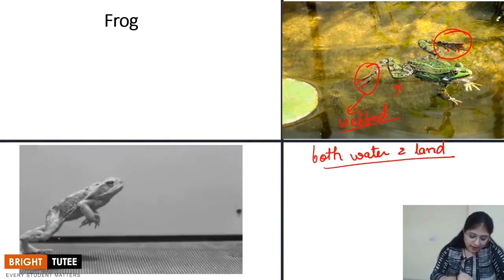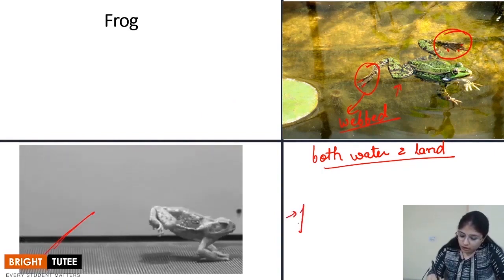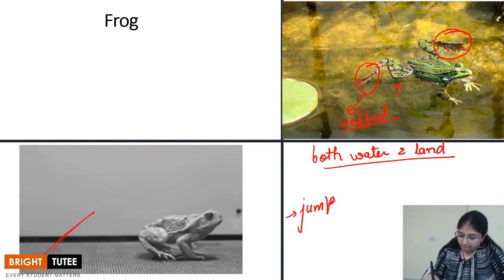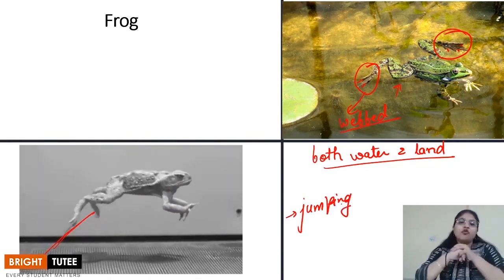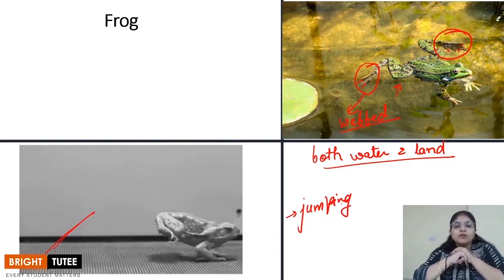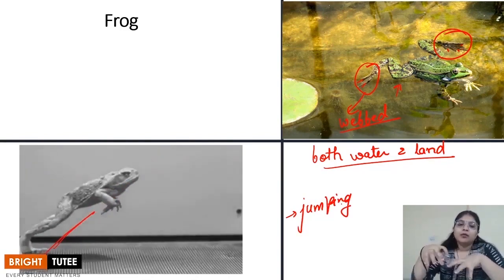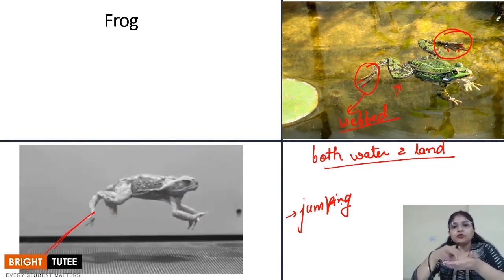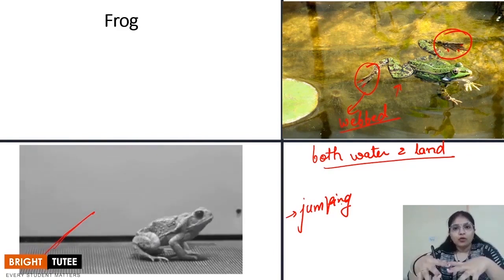The hind legs over here are really strong and are used for jumping, right? So the frog has very strong hind legs which allow it to jump forward on the land, and in the same way they have webbed legs, which allow them to swim in water, right?